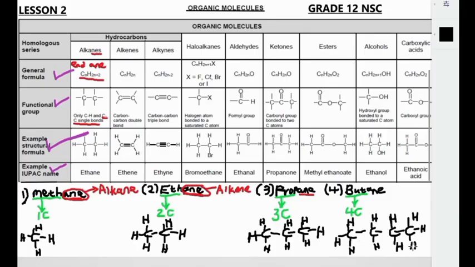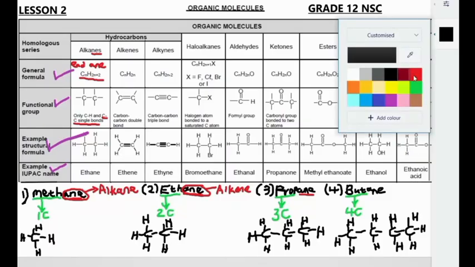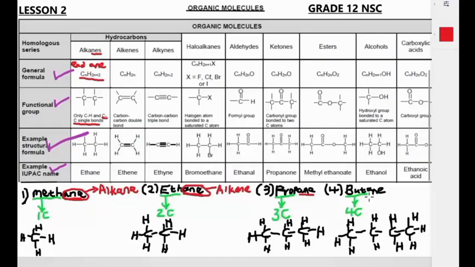These, from methane, ethane, propane, up until butane, are our IUPAC names. Always remember that the ane, the last part, tells us of the alkanes. The alkanes will always end with ane. That's very important.